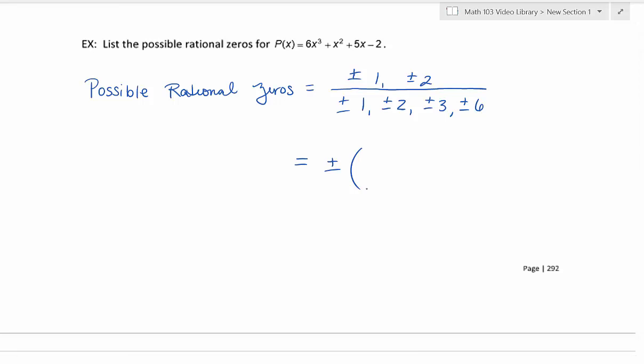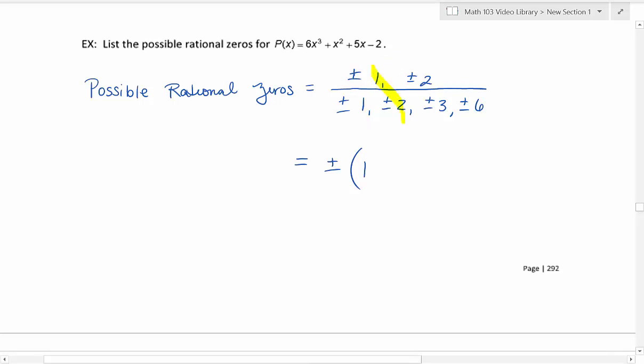All right, now we need to do every possible combination. I recommend you do this in a very systematic way. I'm going to take the first number in the numerator and put it over every single number in the denominator. So 1 over 1 is 1.